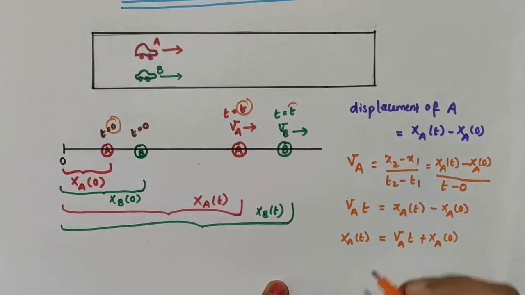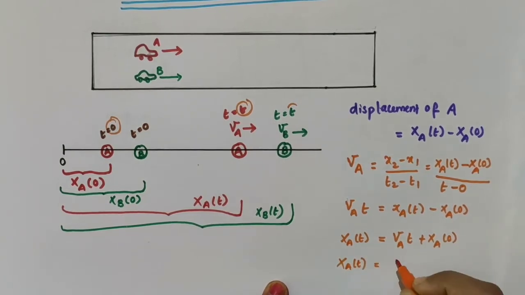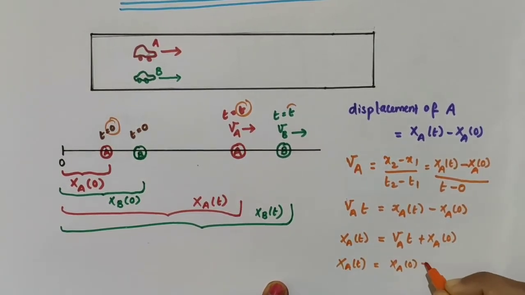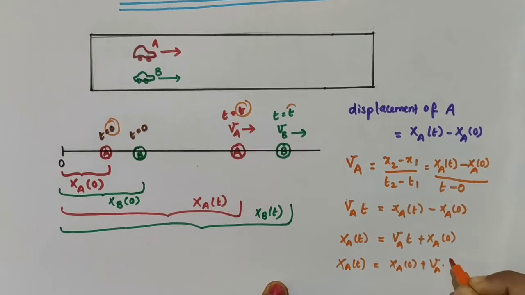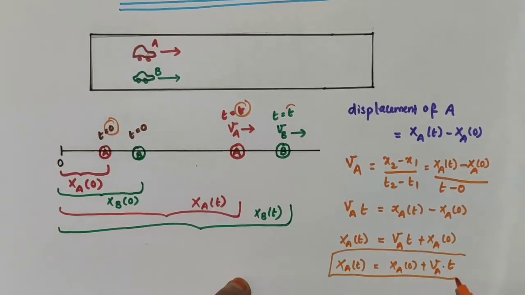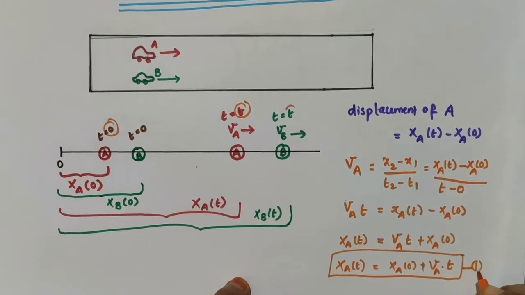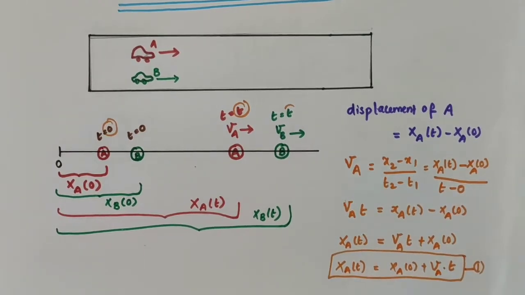Or you can write it as xA of t equal to xA of 0 plus VA into t. So we got one expression for the position of the object A at time t, and I am taking this as equation number 1.